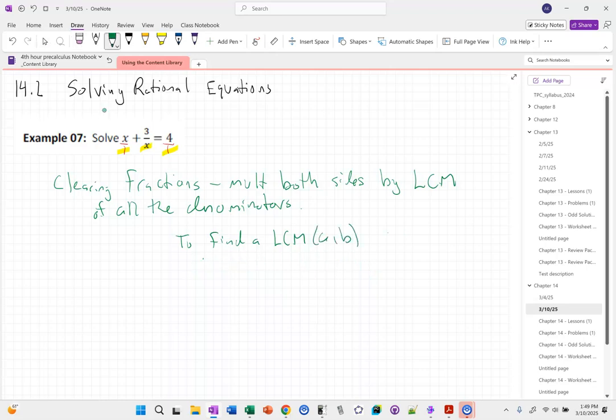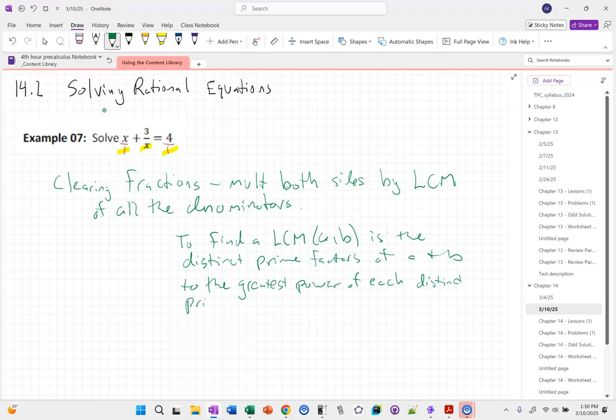Least common multiple of A and B is the distinct prime factors of A and B to the greatest power of each distinct prime factor in A and B.